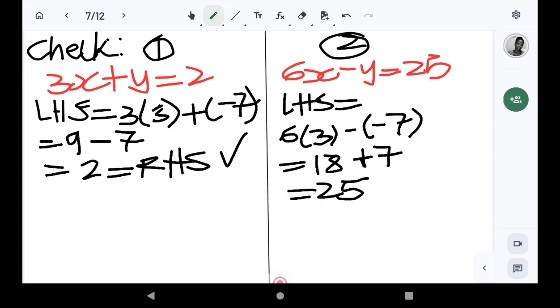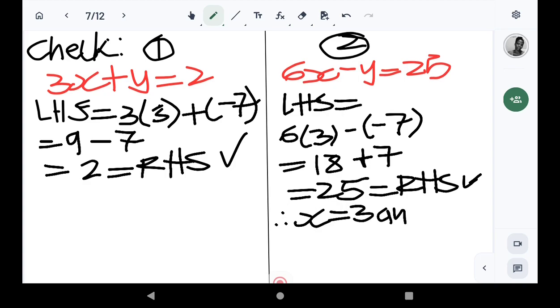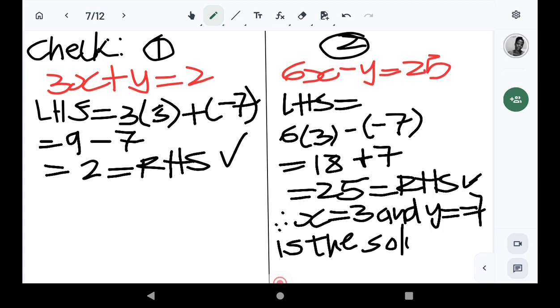Is that equal to the right-hand side? Definitely. So that also checks out. Therefore, x equals 3 and y equals negative 7 is the solution.